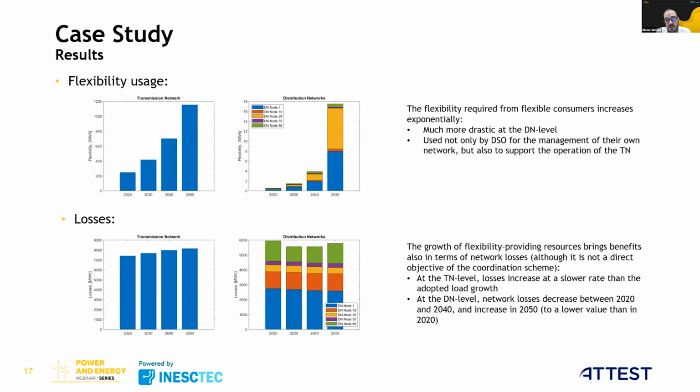And at the distribution level, losses actually decrease until 2040, and in 2050 increase slightly again, but to a value that is lower than in 2020. So this shows that these coordination mechanisms can be beneficial not only for distribution system operators, but also for transmission system operators.